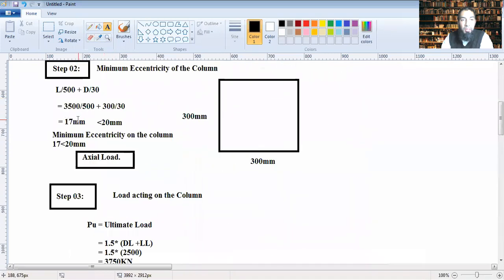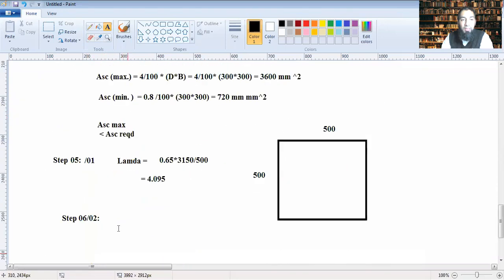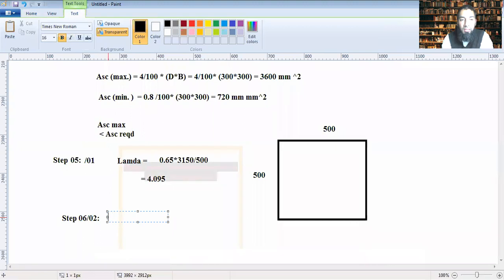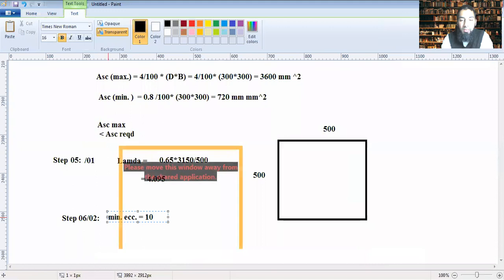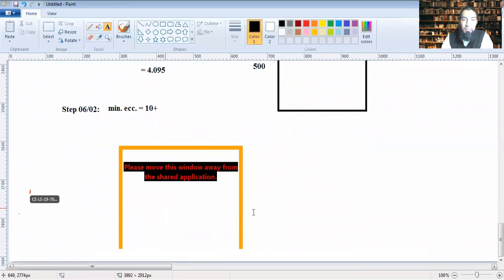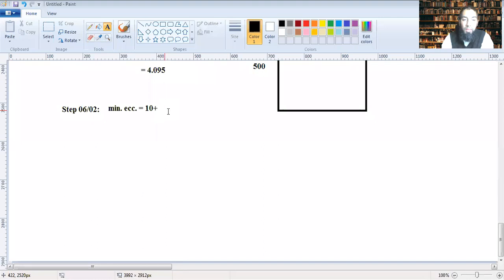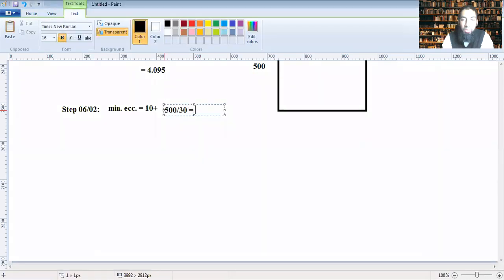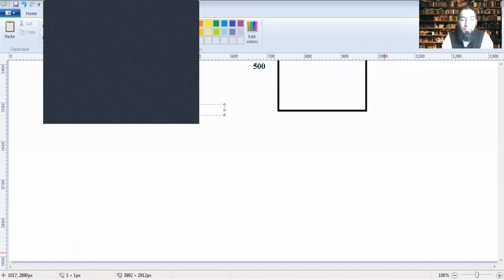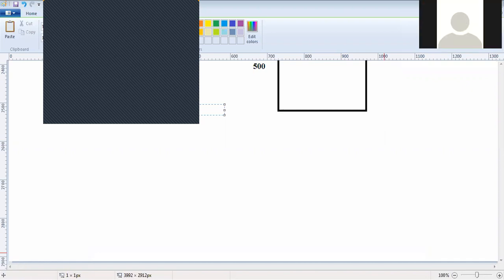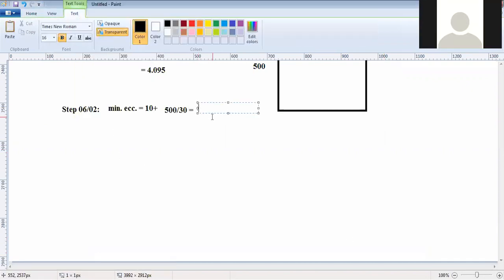Rest remains the same. तो ये कितना आएगा? 10 plus 500 by 30. So your minimum eccentricity is now 10 plus, yes, how much? 500 by 30. How much is this? 23.67. 23 or 26?